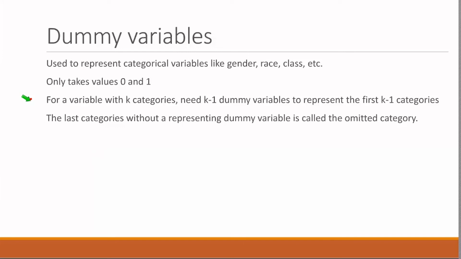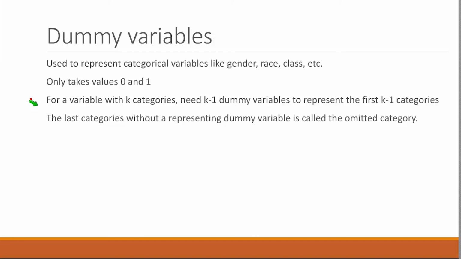The general idea for dummy variables is that when you have a variable that only has 2 categories, you need 1 dummy variable. But if you have 3 categories for your variable, you need 2 dummies. And for 4 categories, like the classification, you have 4 classifications, you only need 3 dummy variables.